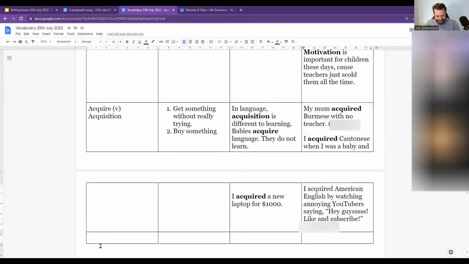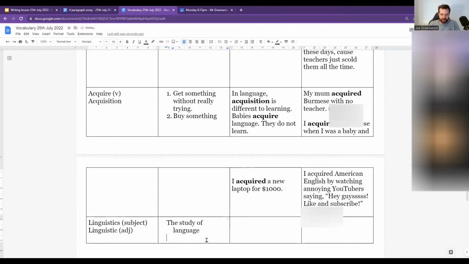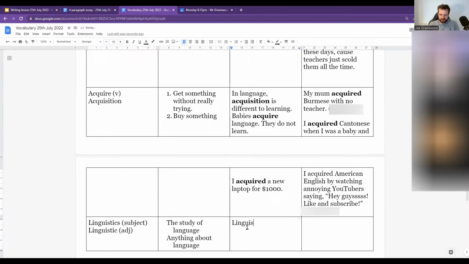Oh my God. Okay, linguistics. Linguistics is a subject and linguistic is the adjective. So linguistics, we can call it a subject, right? And this is the study of language, or for the adjective, it's anything about language. Linguists, this is another word. Linguist is a person who studies linguistics, right?